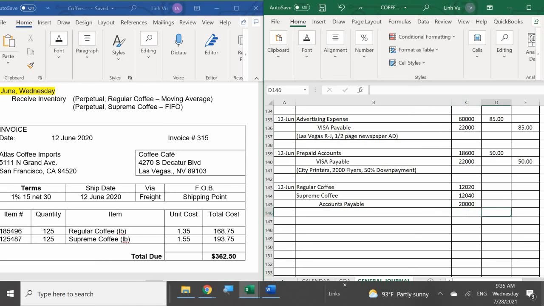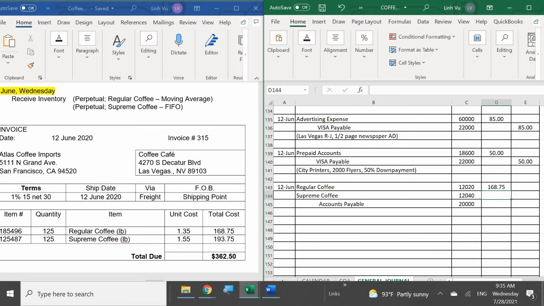20,000. Now, how much was my total for my regular coffee? $168.75. Good.